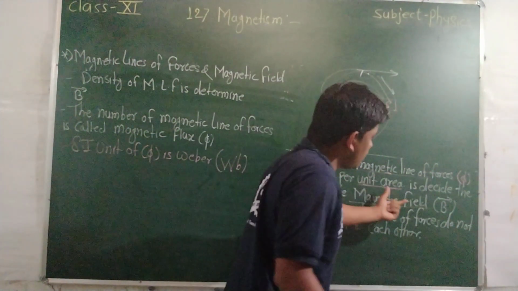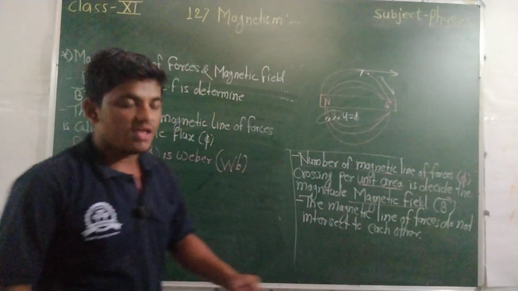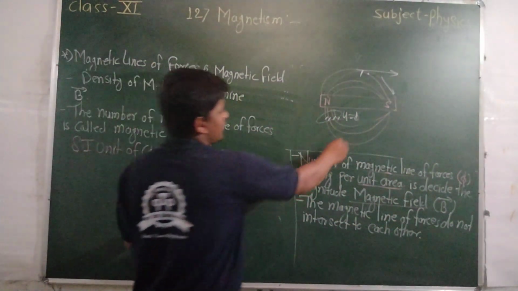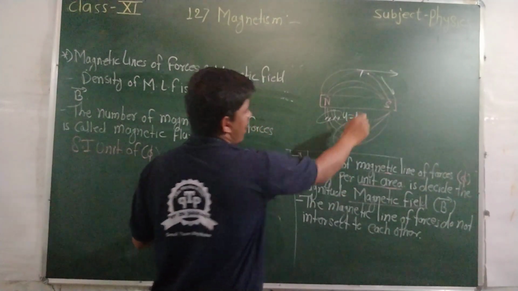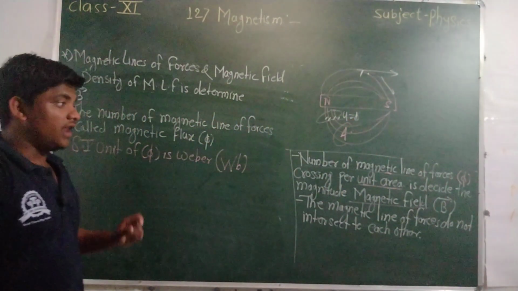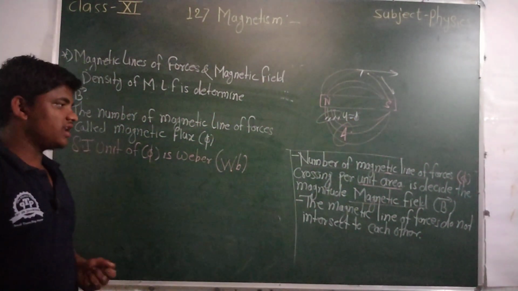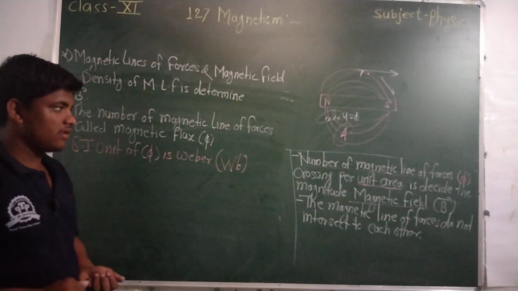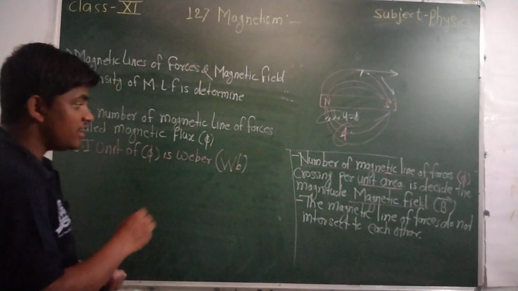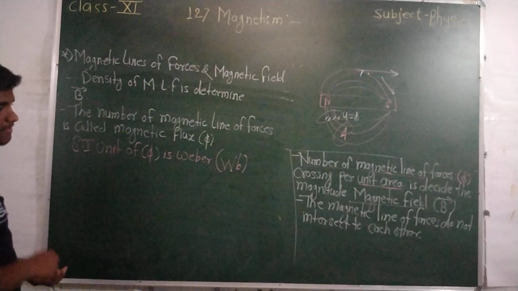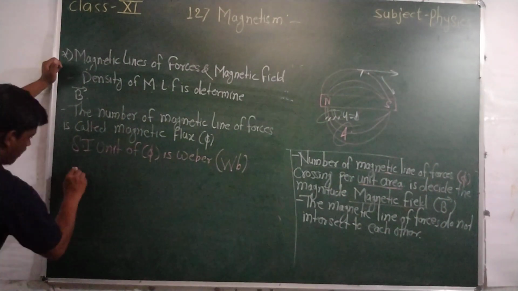The number of magnetic lines of force per unit area decides the magnetic field. Consider the area A. The total number of lines of force gives the magnetic flux through area A. Then I will write the equation for the magnetic field.